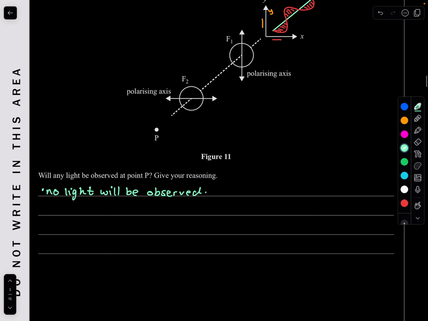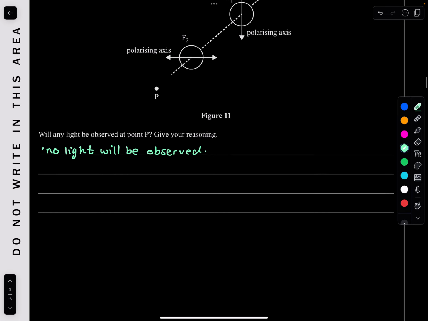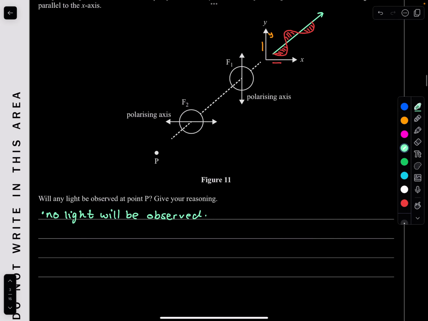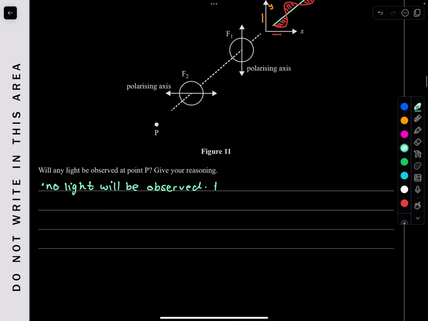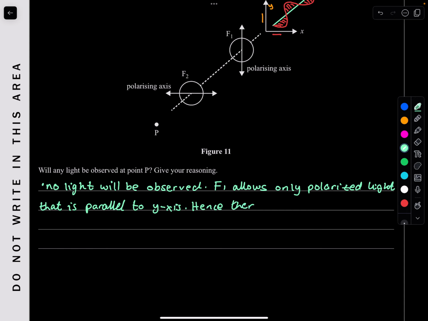How many marks is it? 2 marks. Okay. So we just explain what's going to happen at F1 and then F2. At F1, filter 1 allows only polarized light that is parallel to the y-axis. Hence, the others are cut off.